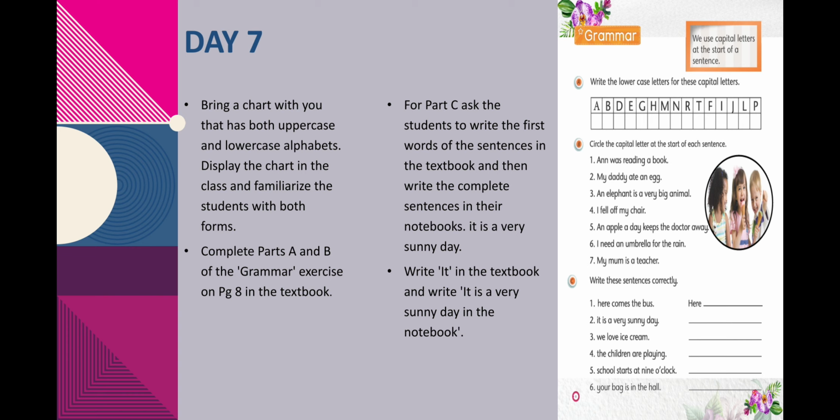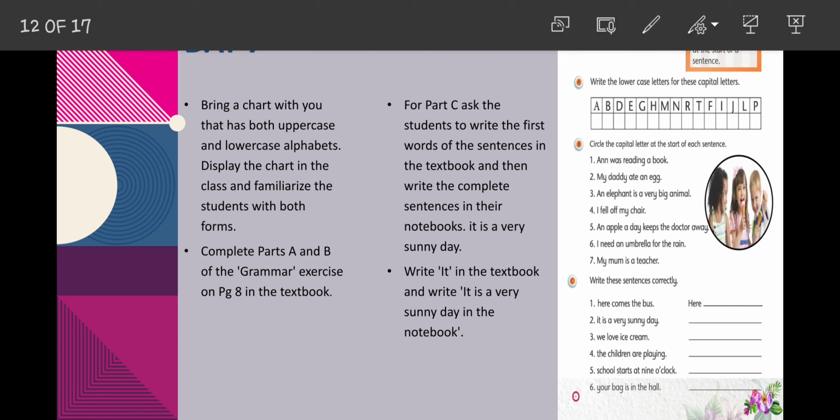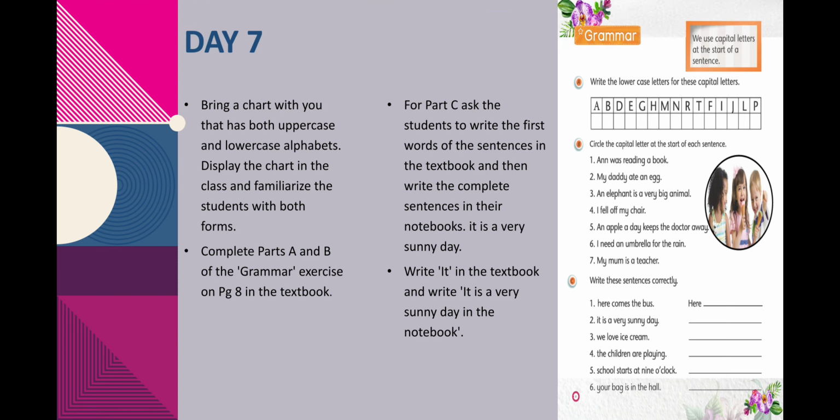The purpose is that they should start the word it's, the I should be capital. So the exercise of capital letters should be done on the book, while the whole sentence writing should be done in the copy. This way, you are also using your English copies, because sometimes there is this complaint from the parents that the teachers are not using the copies.